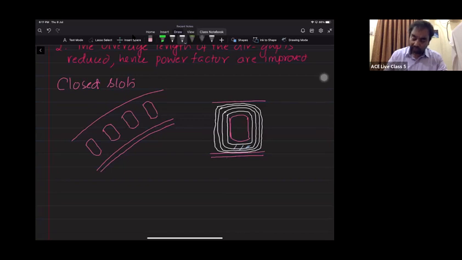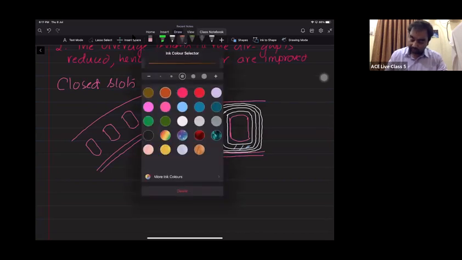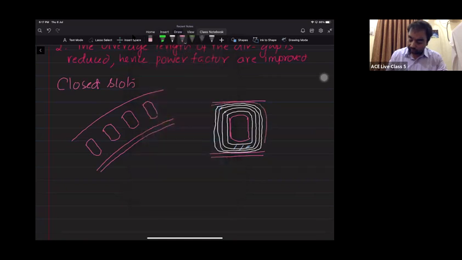Please understand that. You can see here, as the slot is inside, the core is there to complete the path. So most of the flux lines will be completing the path within the core itself. So in this case, the leakages are very, very high. So more leakages will be there in closed slots.